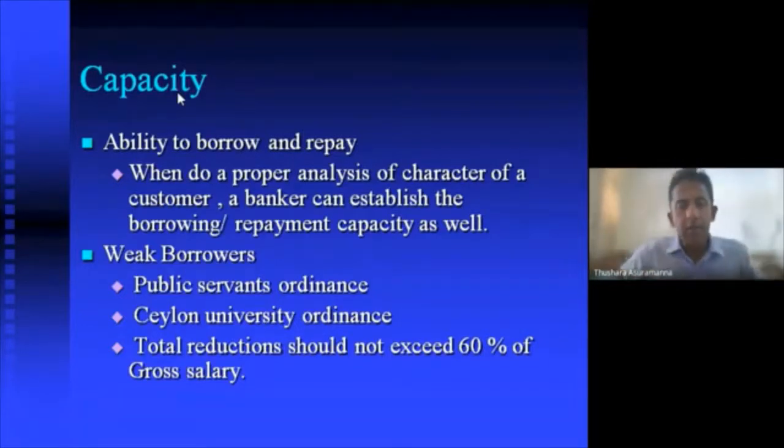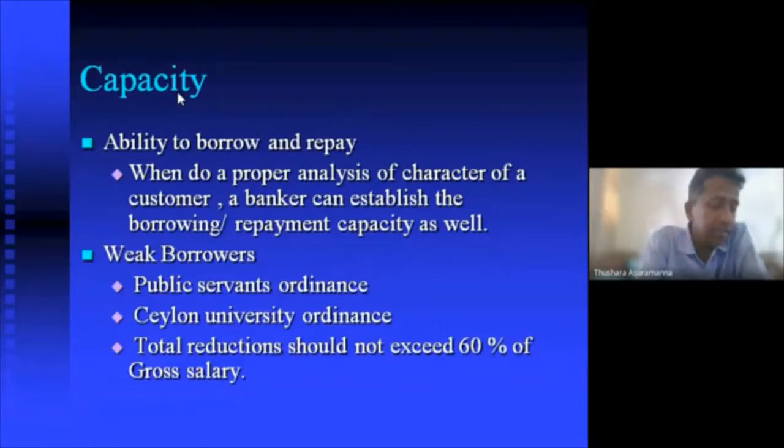Any thoughts? What do we think of as management capacity? Say now a customer is coming and asking for a loan from you. You are trying to assess his character, which you have done. Then you want to assess his capacity.